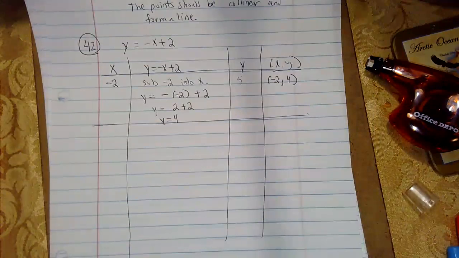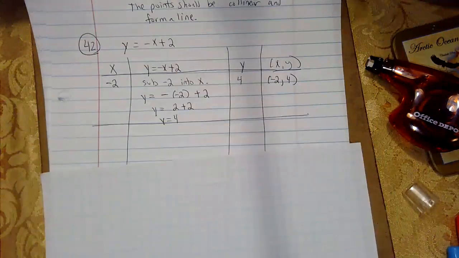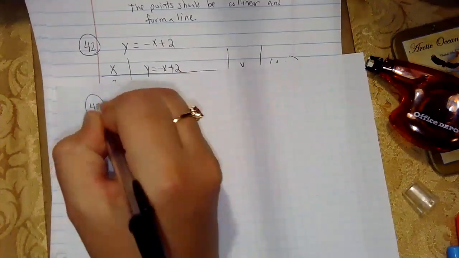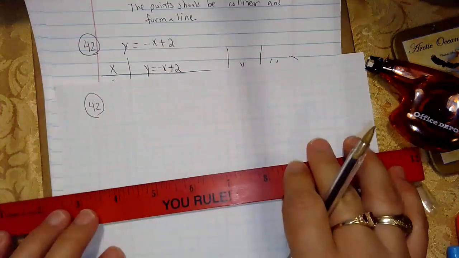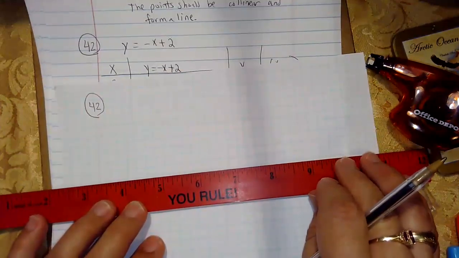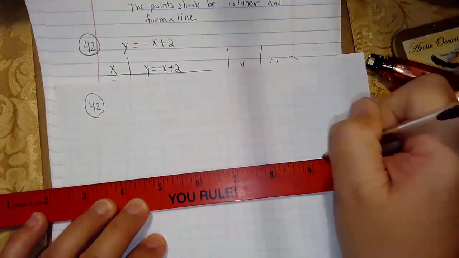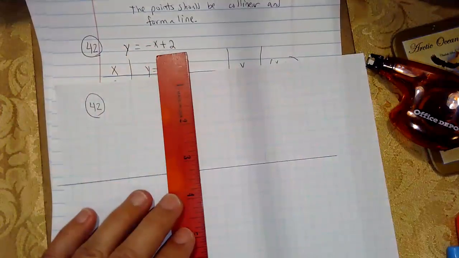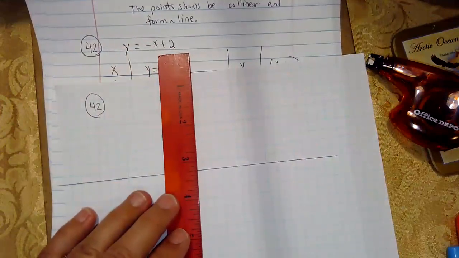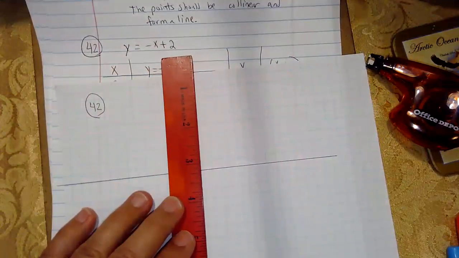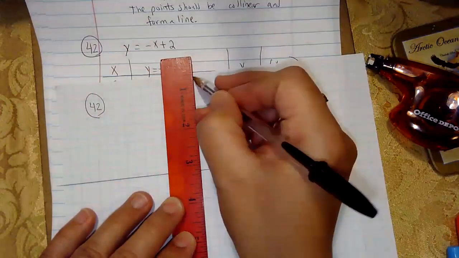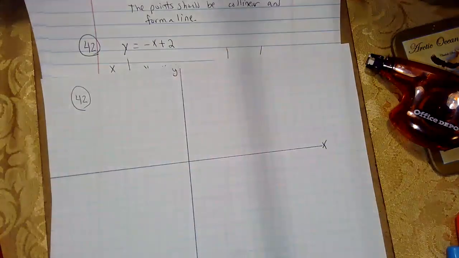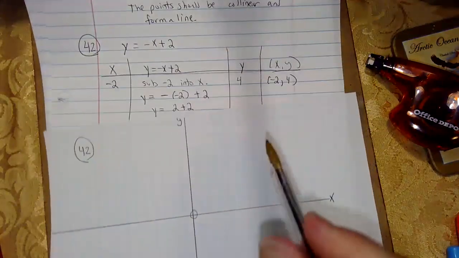They have their graph there, so I'm going to start graphing that here. Okay, so negative 2, 4.